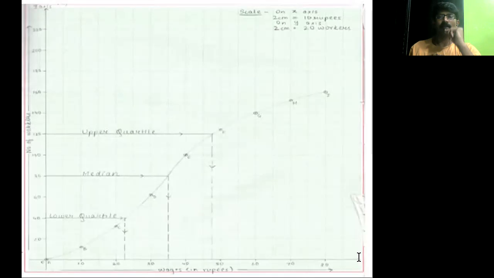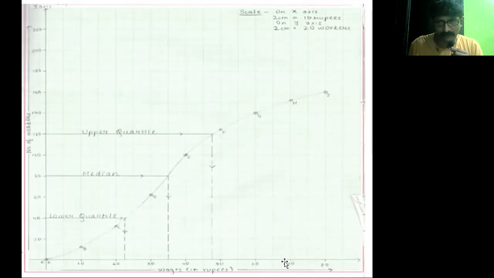So first draw the x axis, draw the y axis, name them, and then write their quantity. Then write the scale. What will the scale be on the x axis? 2 centimeters equal to 10 rupees per day.